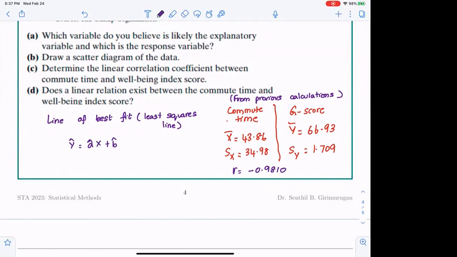The line of best fit is simply A hat x plus B hat.